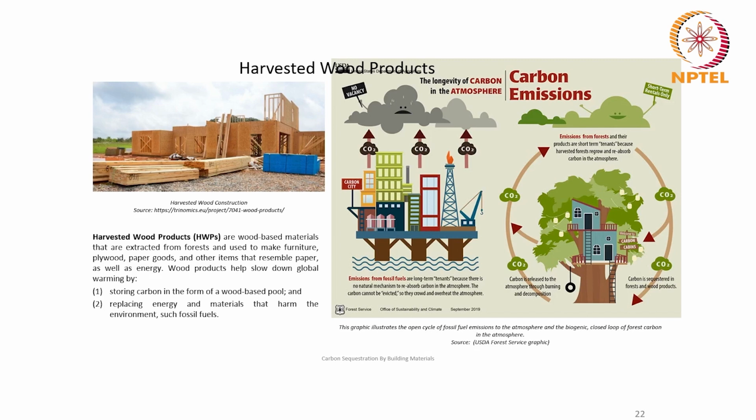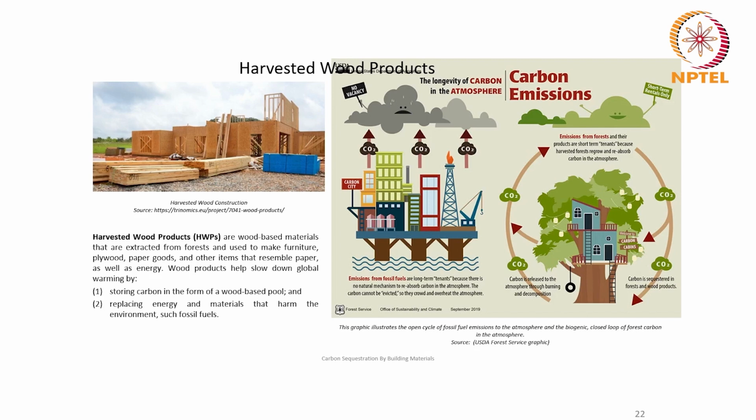Let us look at harvested wood products. Harvested wood products refer to wood-based materials and products which are derived from forests that have been sustainably managed and harvested for timber. These products play a role in both carbon sequestration and the broader sustainability of the forestry industry.